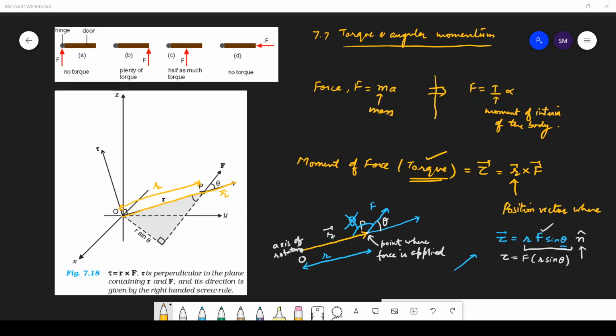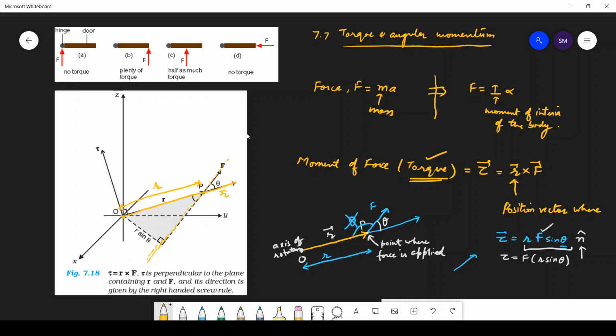Axis of rotation? No, good try, but the axis of rotation is at O, and the axis of rotation is perpendicular to this plane. Line of action. So this line is where you are applying the force.